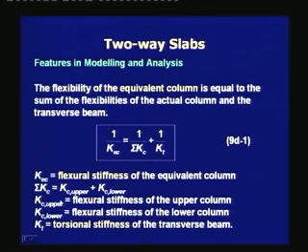Sigma Kc is equal to Kc upper plus Kc lower, where Kc upper is the flexural stiffness of the upper column, Kc lower is the flexural stiffness of the lower column, and Kt is the torsional stiffness of the transverse beam. Thus, what we see in this expression is the adding up of flexibilities, which are inverse of stiffness.